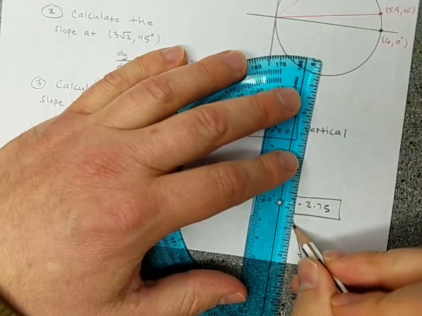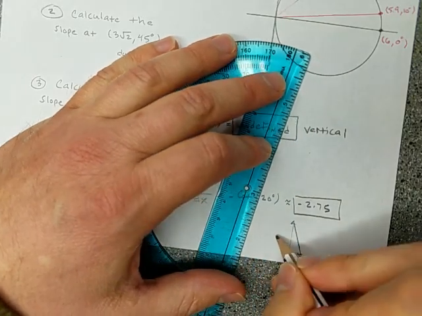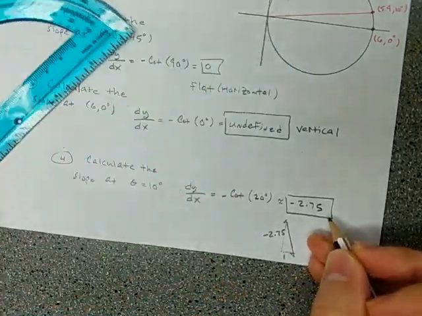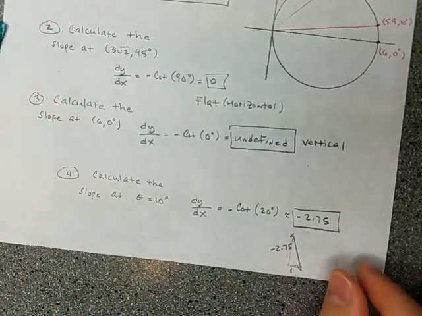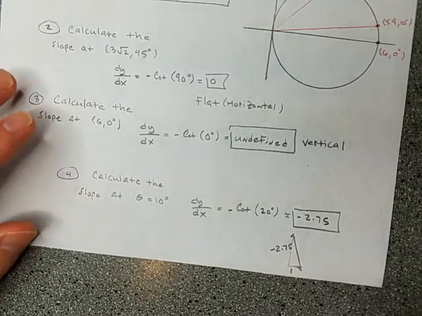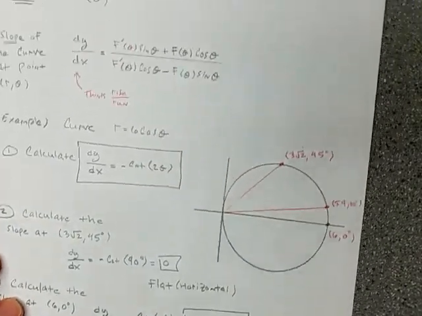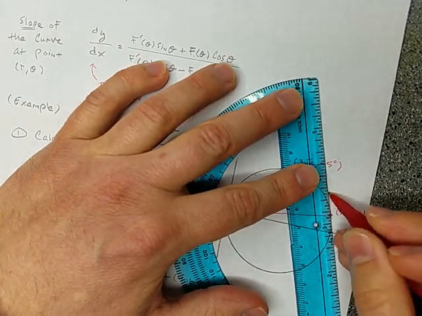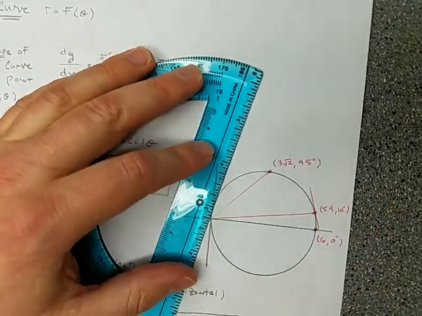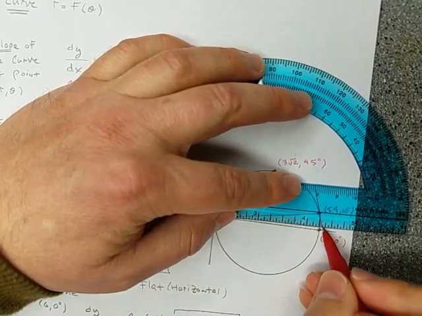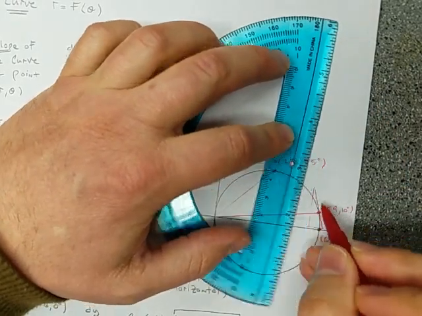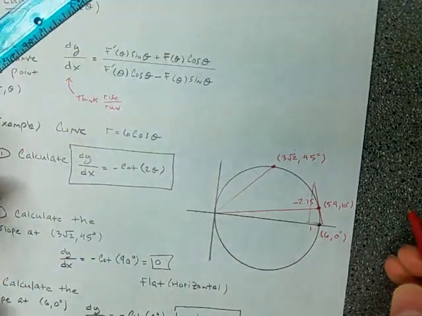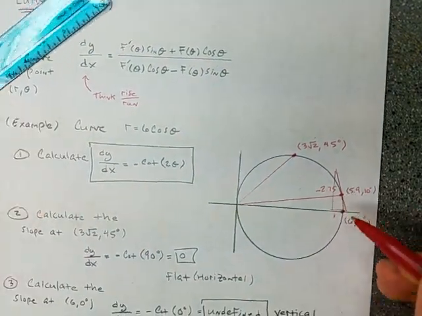Just looking from point to point, I'm going to be going down negative 2.75 and to the right 1. That's what I mean by this being the slope, because that's what slope is, of course. You can imagine that. I want you to have some kind of context for the numbers. There's my tangent line to the curve: down negative 2.75, right 1. That's what the curve is like right there.